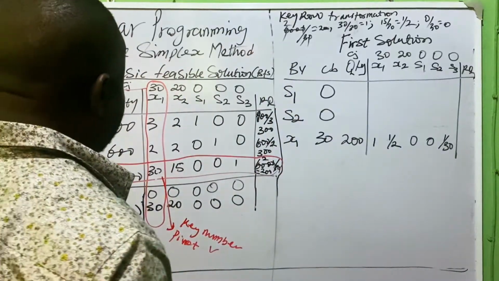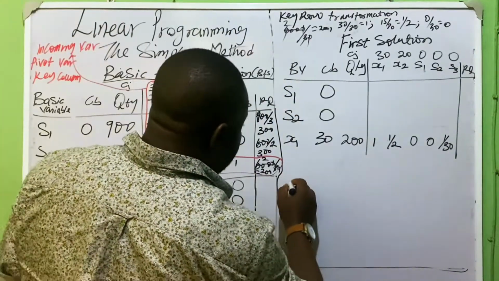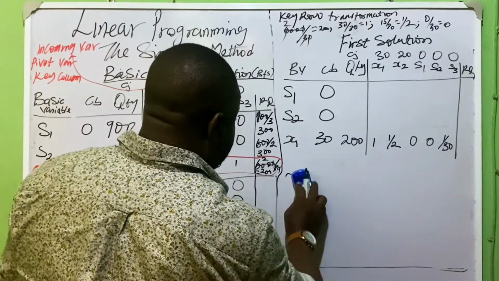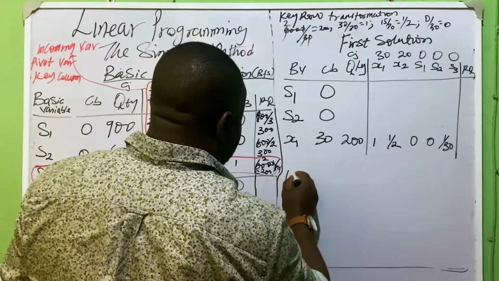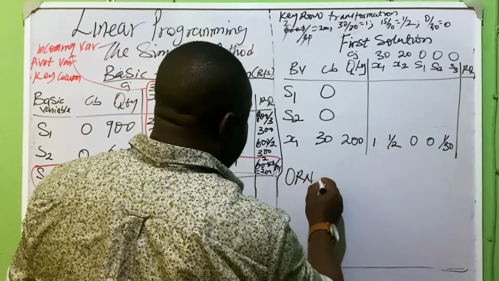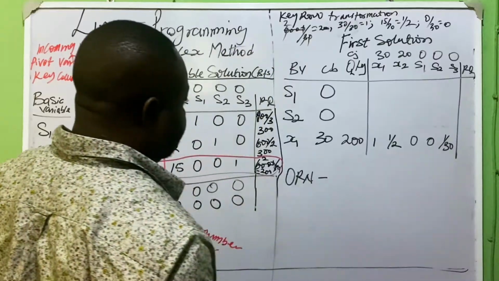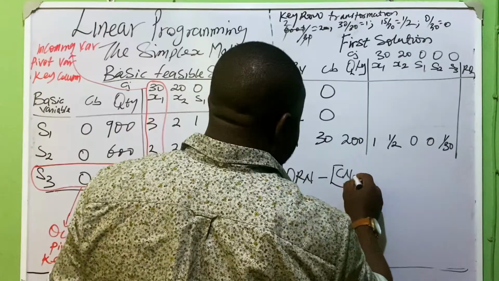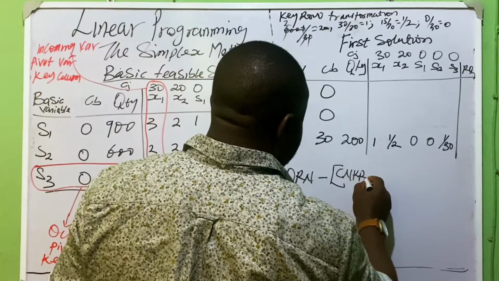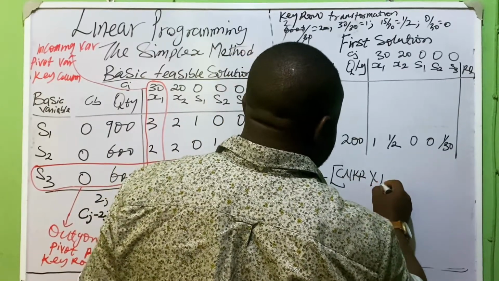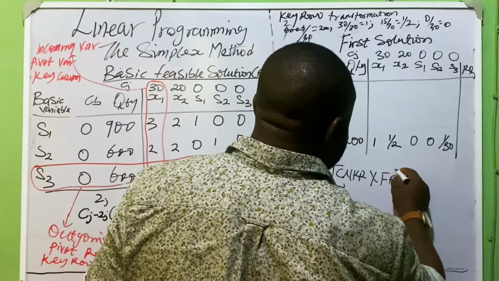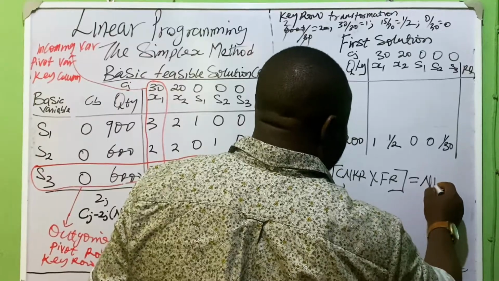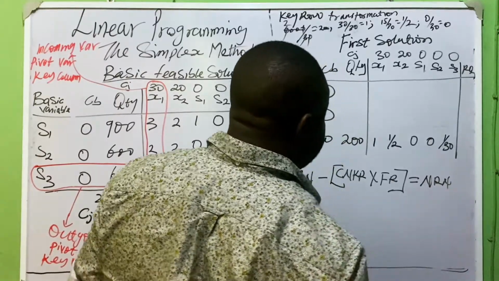So we have that the old row number minus the corresponding number in the key row multiplied by the fixed ratio, which is the ratio of exchange, will give us the new row number.